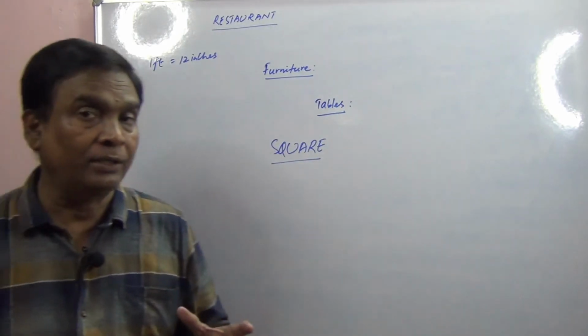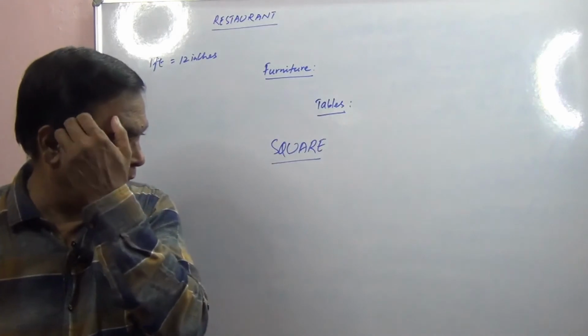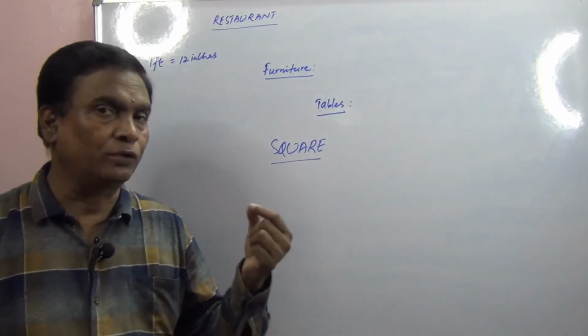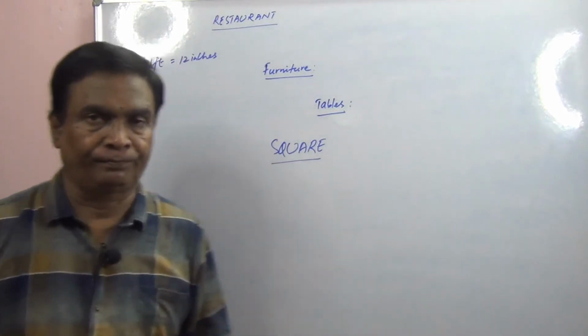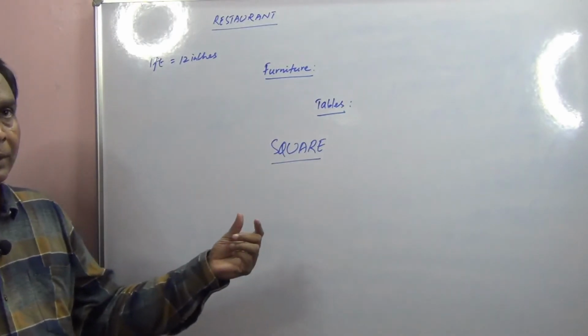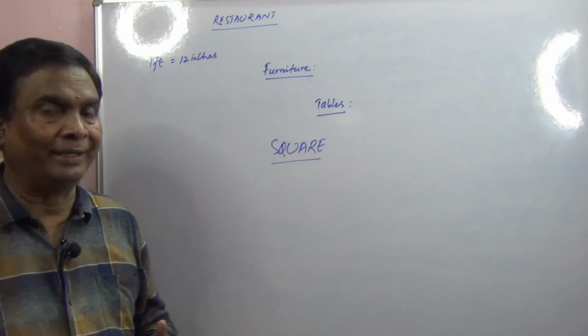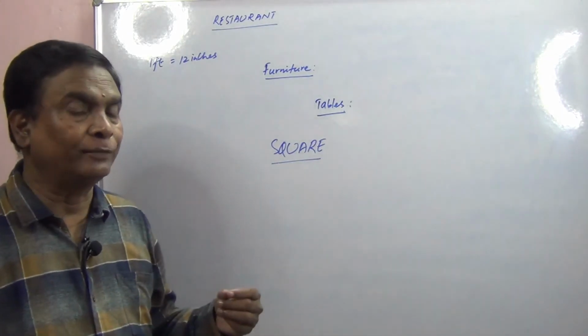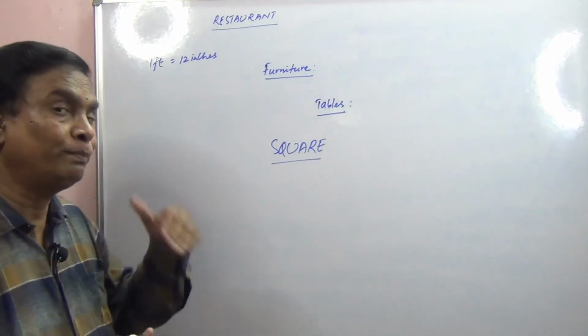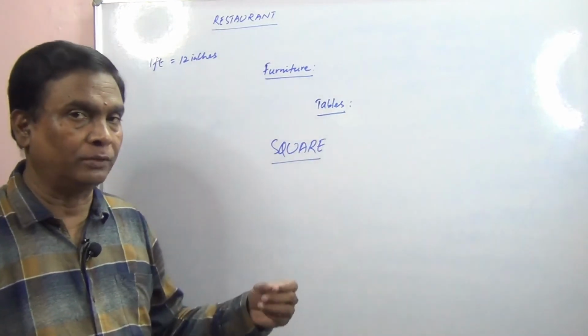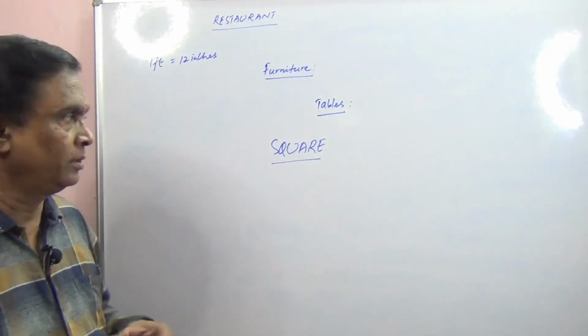In hotel terminology, a single guest can also be called a pax. So here, instead of saying 2 people, 2 guests, I can also use the term pax. 2 pax means 2 people, 2 guests, 2 customers.